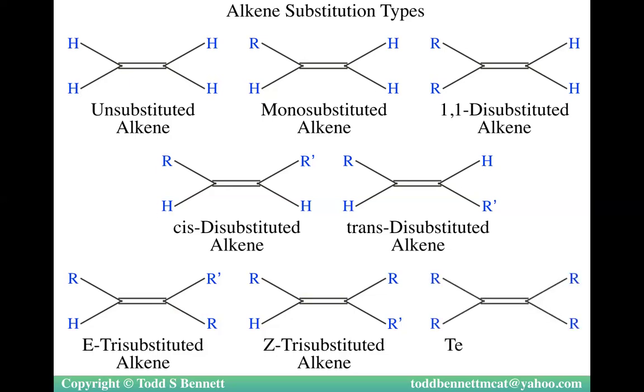Then finally, tetrasubstituted. So unsubstituted, monosubstituted, disubstituted, trisubstituted, and tetrasubstituted just refers to how many R groups are on the carbon double bond. So with Zaitsev's rule, you want to try to get this if possible, if not this one, then this, if not this, then this, and so forth. You want to go for the more substituted double bond. That is your more stable. So your most stable, 4, least stable, none.